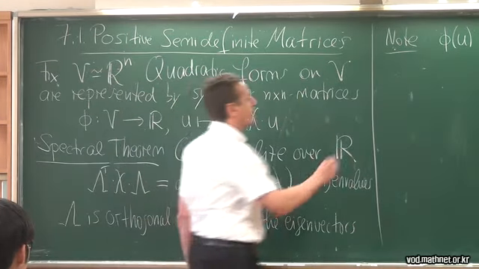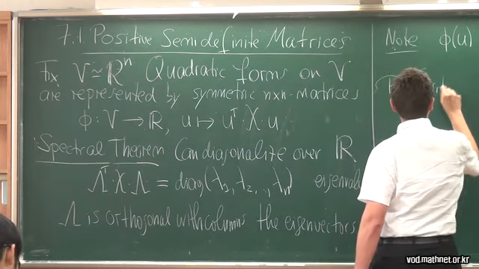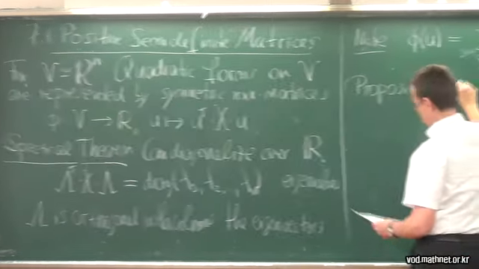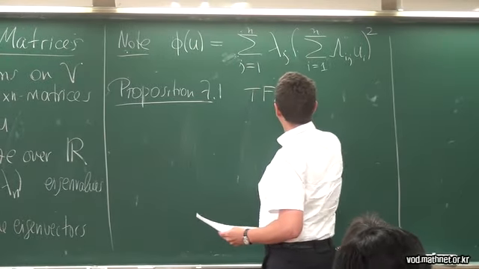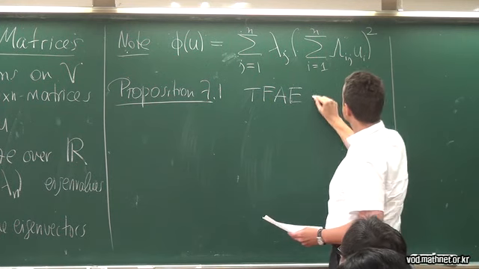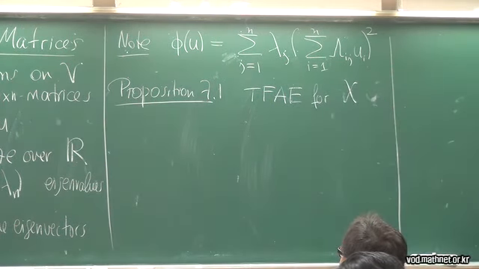Okay, so here's the first result, proposition 7.1. The following five conditions are equivalent for a symmetric matrix. X is a symmetric n by n matrix having these eigenvectors and representing a quadratic form.